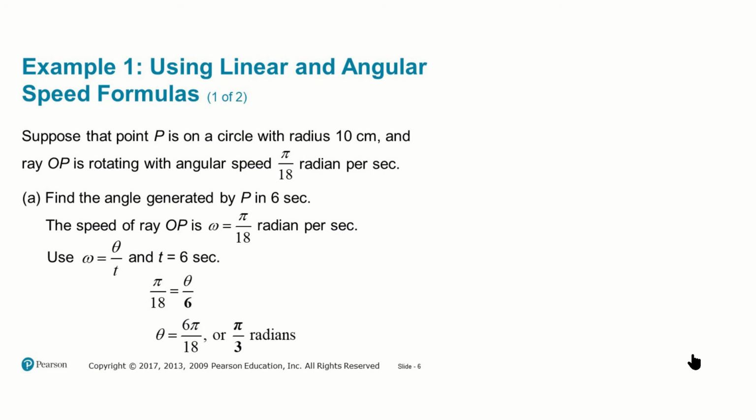Now, a more algebraically sound approach may actually be to take the formula omega equals theta over t and to solve it for theta first. So you can do that easily by cross multiplying, and you get theta equals omega t. What I mean is you can just imagine there's a 1 there, and then you can cross multiply.